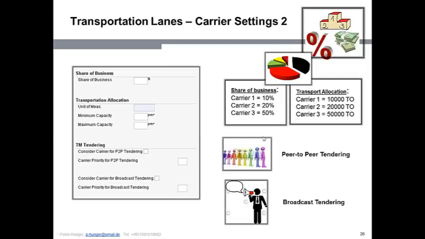Also, you have the TM tendering settings. So far, I explained that the transportation lanes are used mainly for the optimization. Actually, it's not totally true. They can be used as well for the tendering functionality. The tendering functionality is where you can send tenders to different carriers.